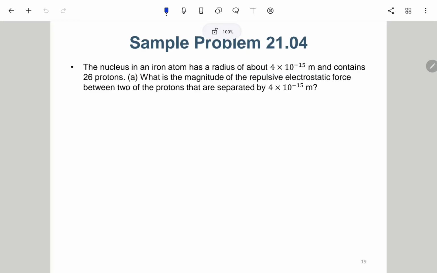Okay, so here we have another sample problem. Here it says the nucleus in an iron atom has a radius of about 4 times 10 to the negative 15 meter and contains 26 protons. What is the magnitude of the repulsive electrostatic force between two of the protons that are separated by this distance?